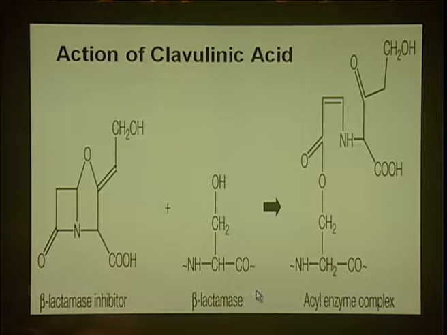Those bacteria can be killed by another group of antibiotic called beta-lactamase inhibitors, meaning that before the bacteria produce the enzyme beta-lactamase, it is blocked by an inhibitor like clavulanic acid, which produces an acyl enzyme complex, and thereby the beta-lactamase cannot bind with the active site of penicillin. So, penicillin will be active, and it can go in and cause breakage of the alanine linkage, and thereby the cell wall will be cleaved.